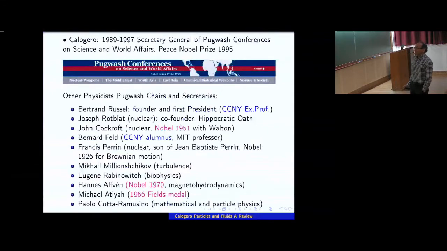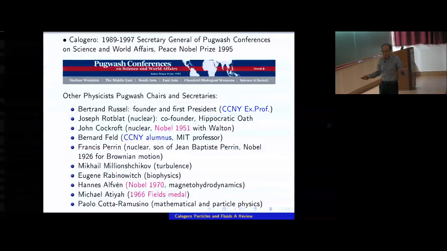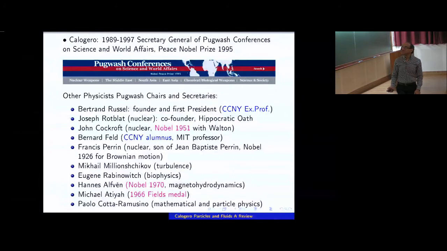A little bit of history about Calogero is also interesting. Calogero was the Secretary General of the Pugwash Conferences on Science and World Affairs organization between 1989 and 1997. And that organization received the Nobel Prize in 1995. So we could say that in some sense, Calogero is a Nobel Prize winner because he was the Secretary General when the Nobel Prize was awarded.